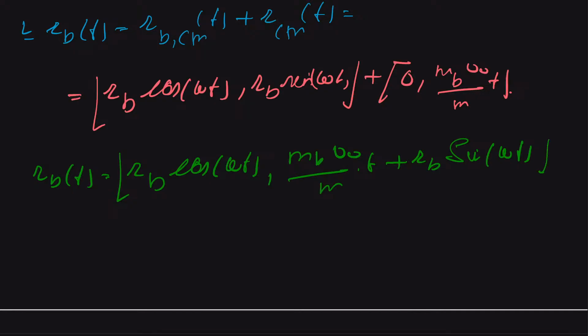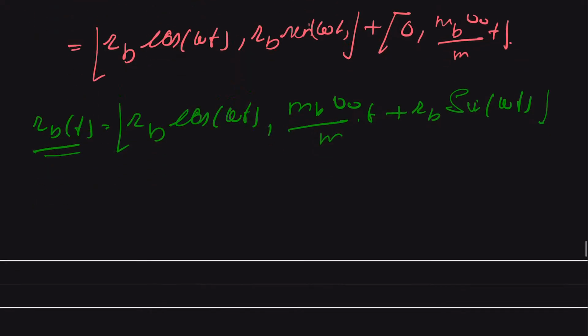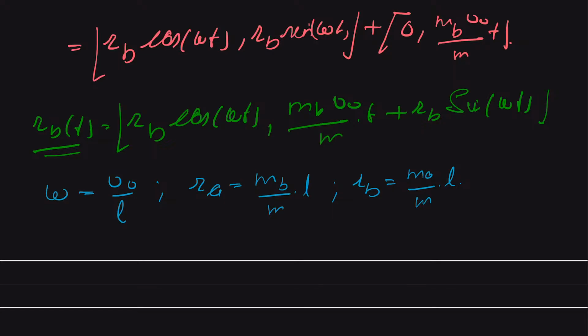So we got our values of Ra and Rb, and we already know that omega is equal to V naught upon L, and Ra is equal to Mb upon M times L, and Rb is equal to Ma upon M times L.